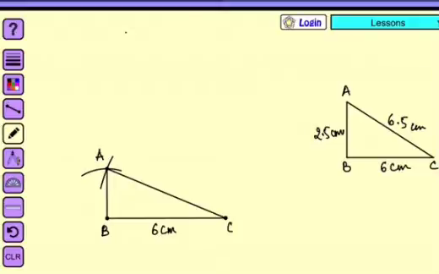If you can see, triangle ABC is already constructed. We'll just mark the side. This is 6.5.